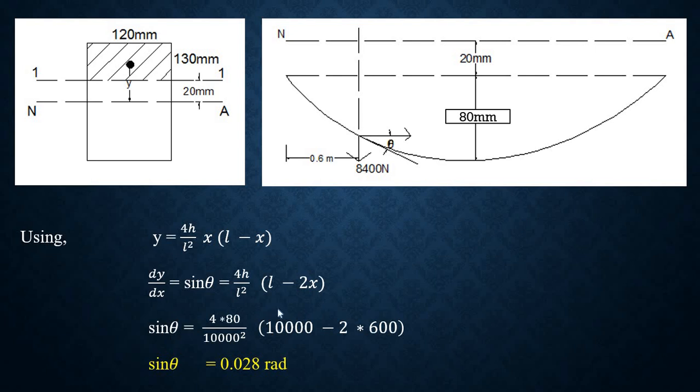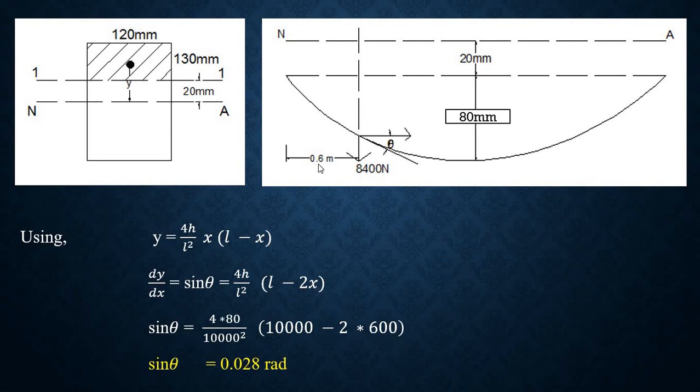Next is just substitute the values for this. Sine theta is equal to 4 into 80, means this height. Okay, this height is 80, then length is 10 meter, convert that into mm. So it will be 10 into 10 power 3 whole square into 10,000 minus 2 into 600. What is this x value, or what is this 600?